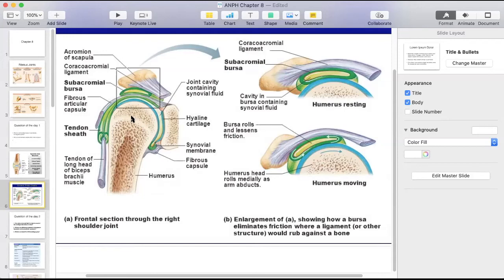Now there is also one form of a bursa, a fluid-filled sac, and keep in mind these are filled with synovial fluid. It's called a tendon sheath. These actually wrap around the tendon, and normally they are present where there are lots of structures rubbing against each other.